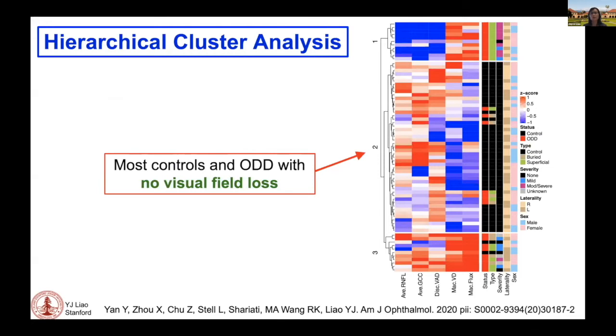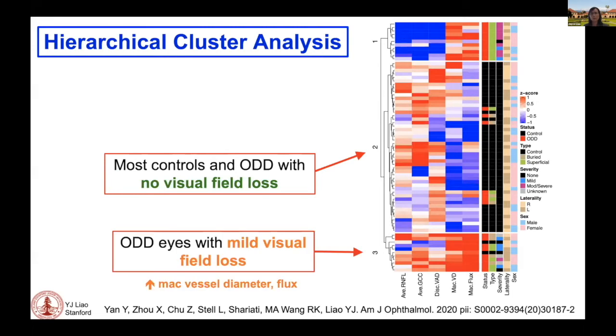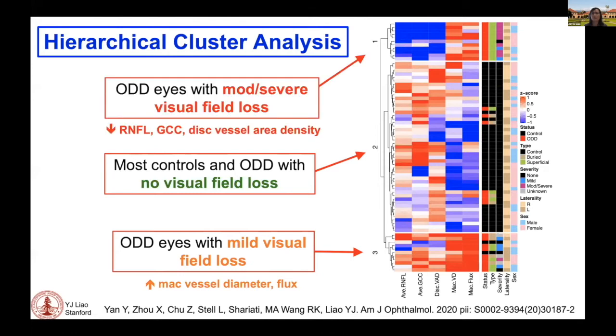The controls and people with no vision loss are in the middle group. And the ones with mild vision loss are in the bottom group, where they just have increased blood flow to the macula, but not thinning in the retinal nerve fiber layer yet. And then the last group, who have the most vision loss, have lost the thickness of the optic nerve.